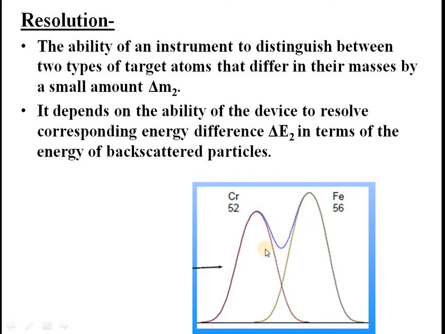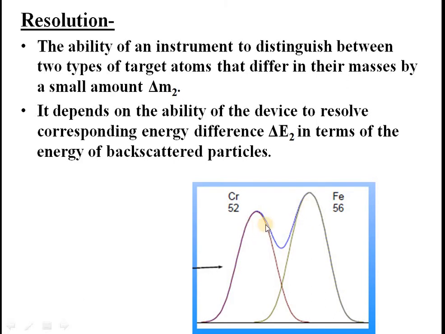Here you can see, suppose you have a target which contains chromium and iron, and it is exposed to RBS. The RBS spectrum gives you two peaks. Sometimes they look merged, and sometimes they may be separated. If it gives separate peaks, we say the instrument has very good resolution.